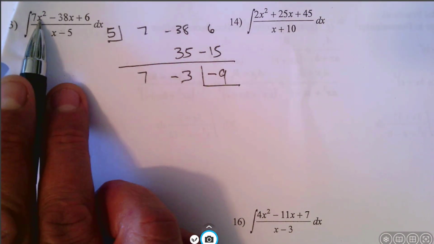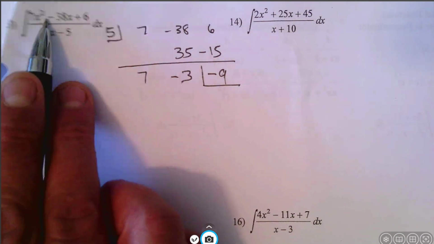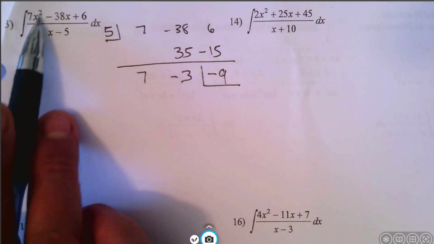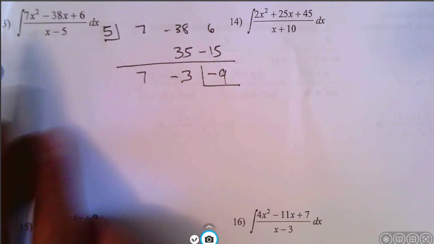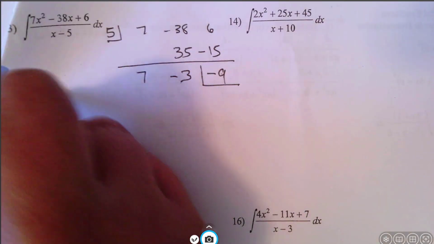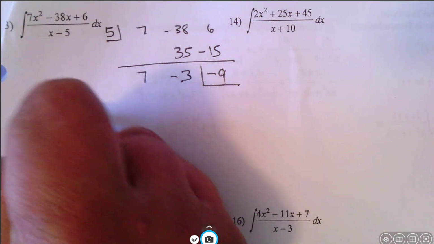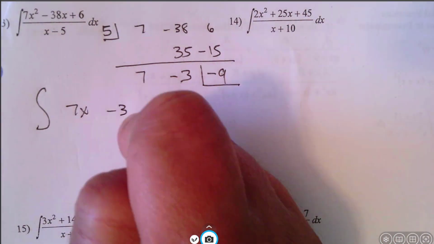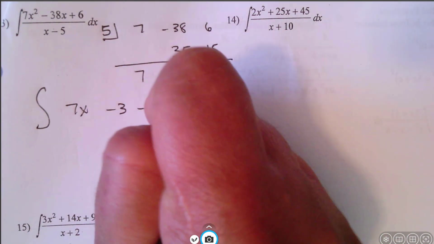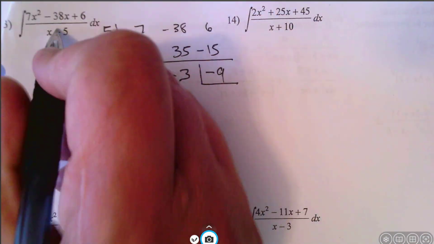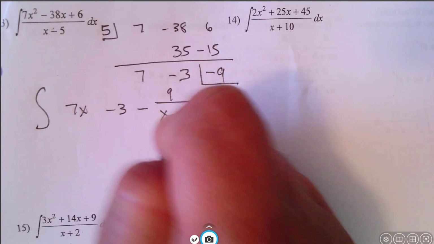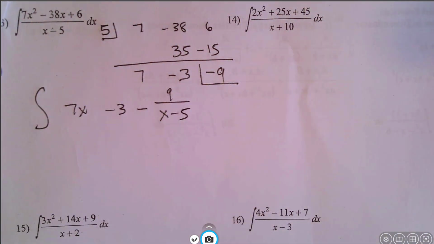And when you're doing long division, the power is always going to go down. As long as you're dividing x squared by x, it's going to go down by 1. So we can rewrite this integral as the integral of 7x minus 3. And then this part, the remainder, we're going to write as a fraction over the denominator, or the divisor, of x minus 5.